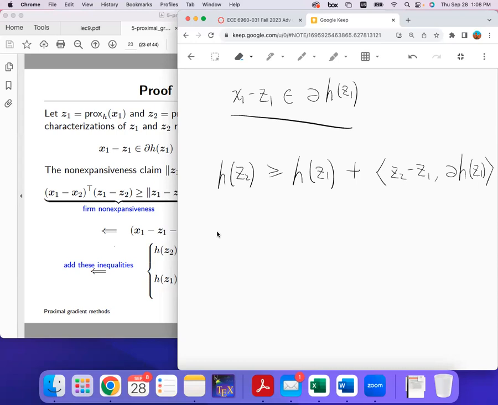And we can switch Z1 and Z2. Just by convexity, H is a convex function. So for any two points, these inequalities follow.